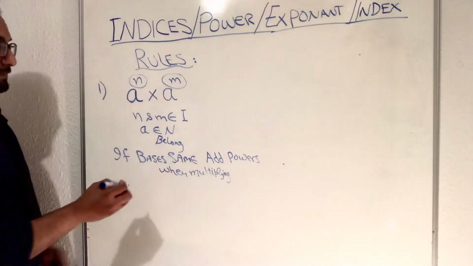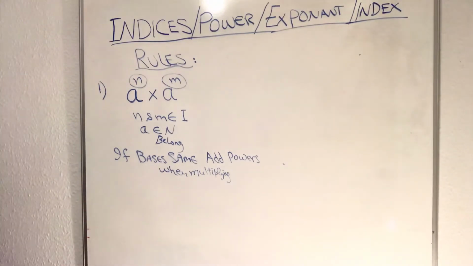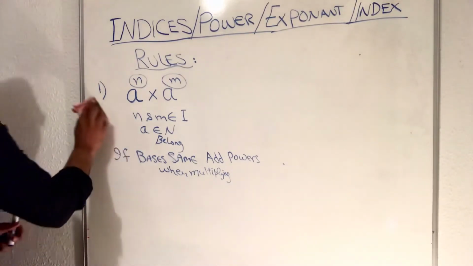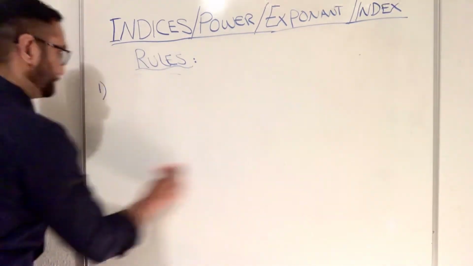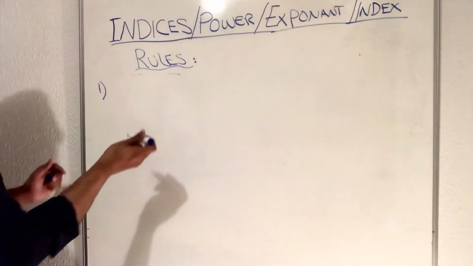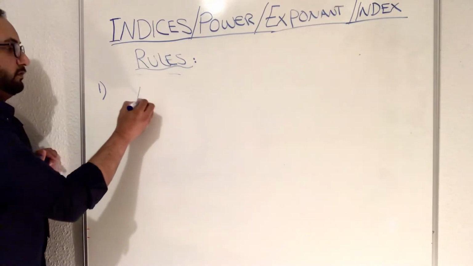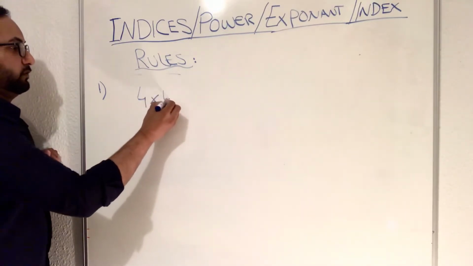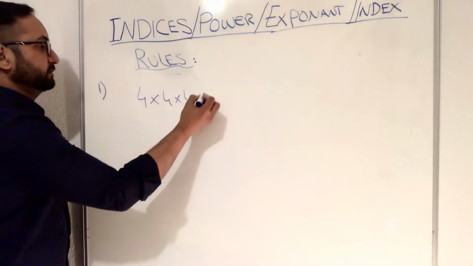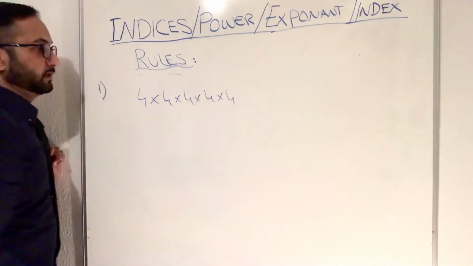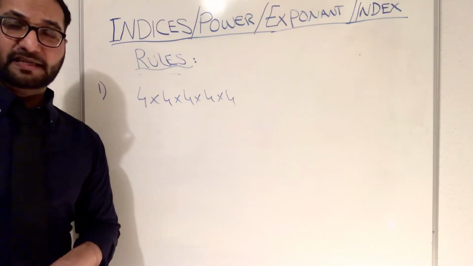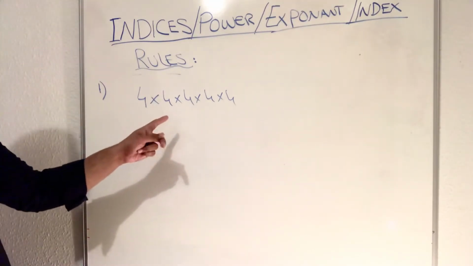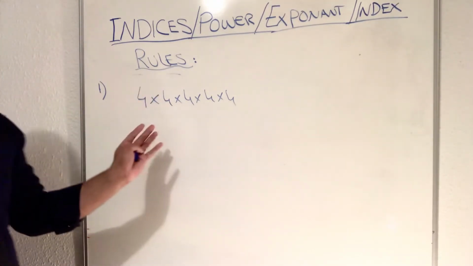Now an example. If I write down a question about that: you have 4 times 4 times 4 times 4 times 4. They will tell you to write it in index form. This is not an index form. When we write in index form, they are going to be in powers.